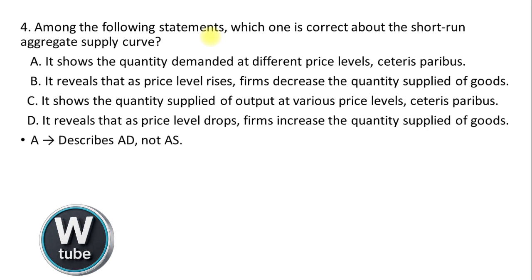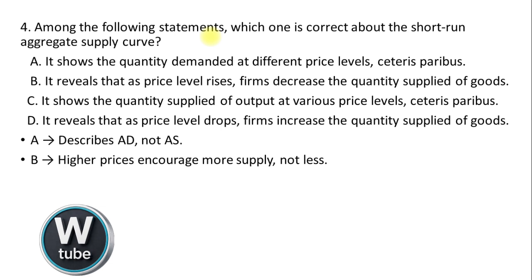A describes aggregate demand, not aggregate supply, so it is not the answer. B says that as price level rises, firms decrease the quantity supplied of goods. No. Higher prices encourage more supply, not less.